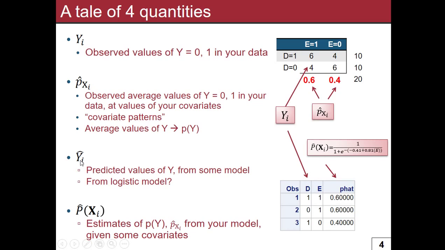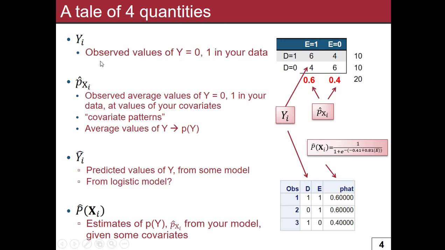That's a little different from y hat sub i, which is a model that might, in theory, spit out zeros and ones directly. Our logistic regression model doesn't do that, but this is a theoretical quantity that we might wish to talk about. It's a little bit different. I described this a little more like this one.